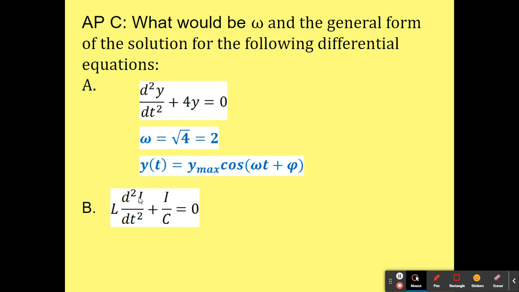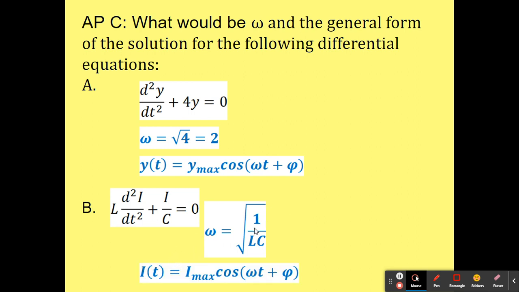But our variable is the I. We're going to rearrange it so that there's no coefficient in front of the second derivative, which means dividing both sides by L, and then it's going to be 1 over LC times I. So omega squared is equal to 1 over LC, and omega is the square root of 1 over LC. And our equation is going to be I equals I max cosine omega t plus phi.